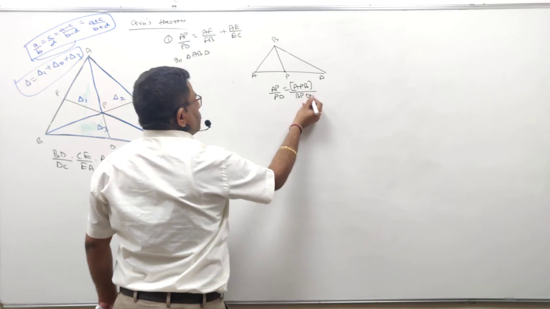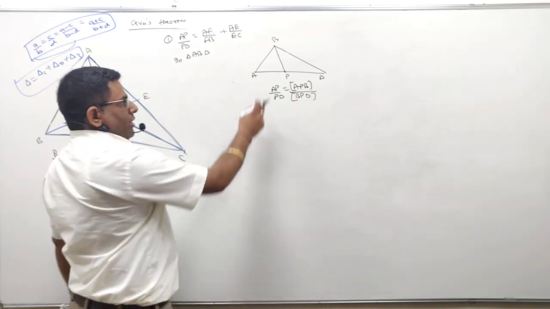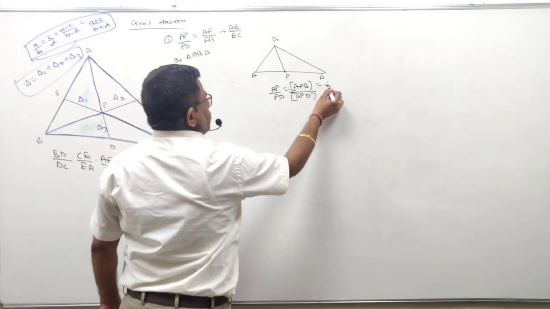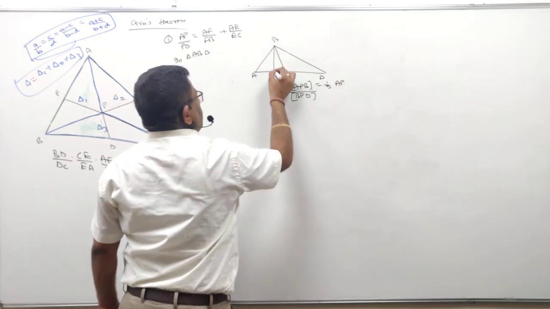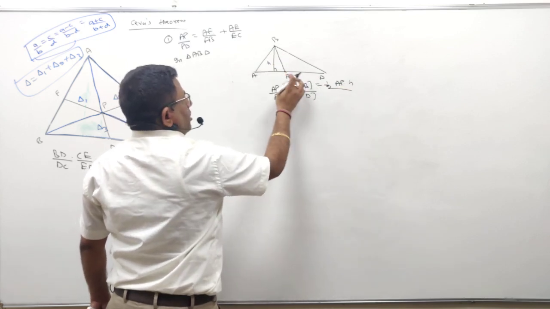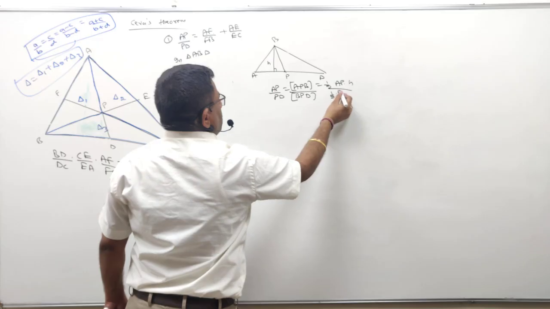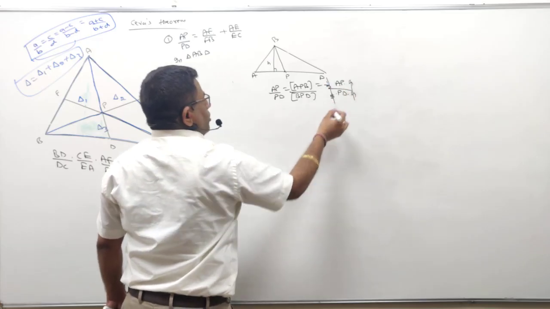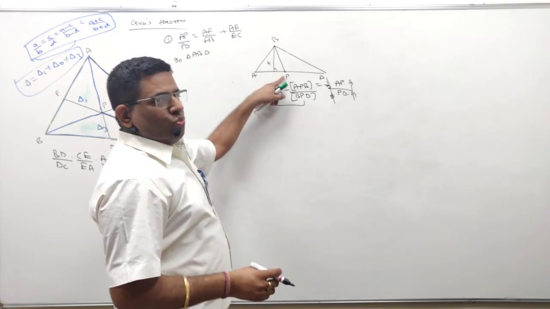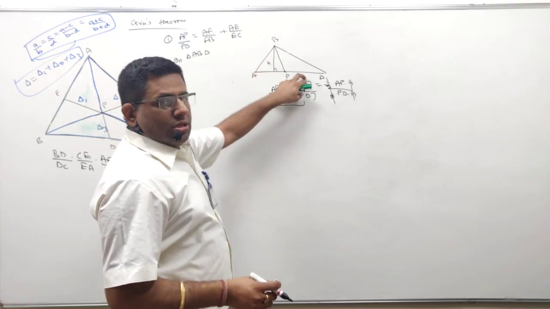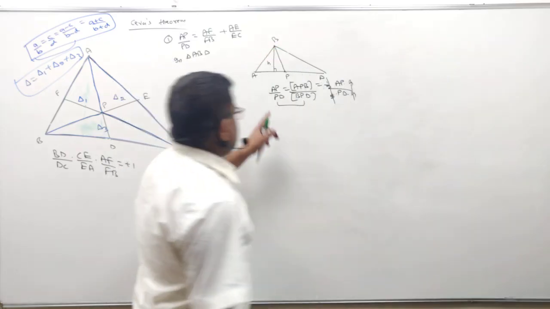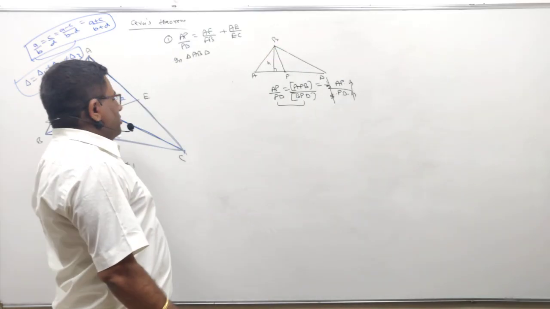Hope it is clear to all of you. I had derived this earlier as well, because APB is half of AP into H, if I draw a perpendicular here, and BPD is half PD into H. H and H cancel out, half and half cancel out, and we get this result. That is, in any triangle ABD, if P is any point, then AP is to PD is equal to area of APB upon area of BPD. Hope it is clear to all of you. I am using this result here.